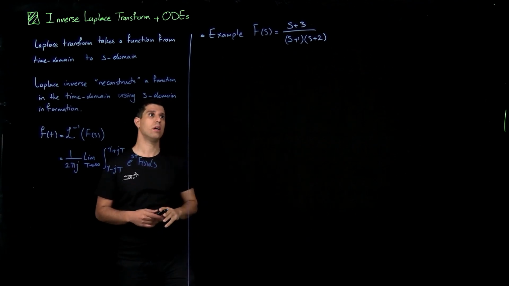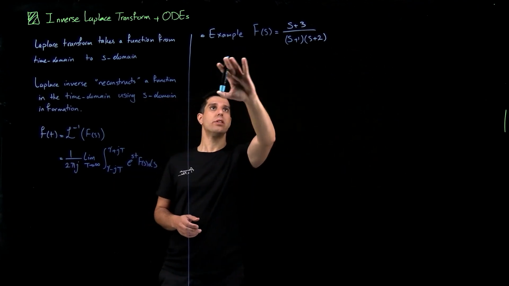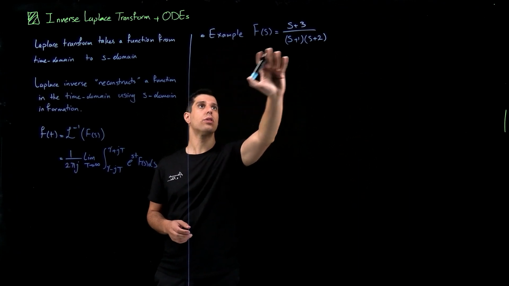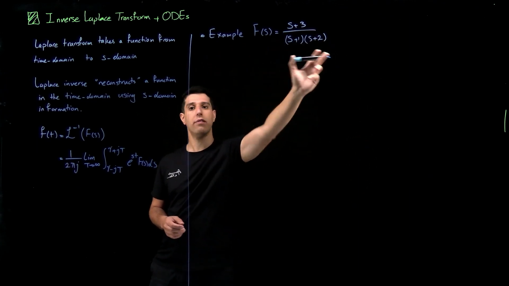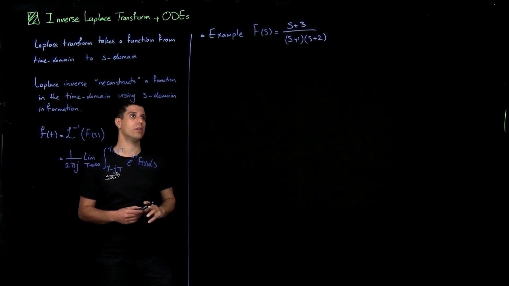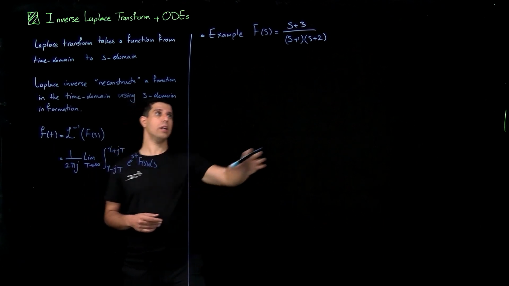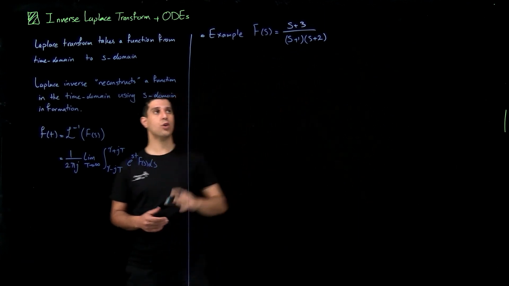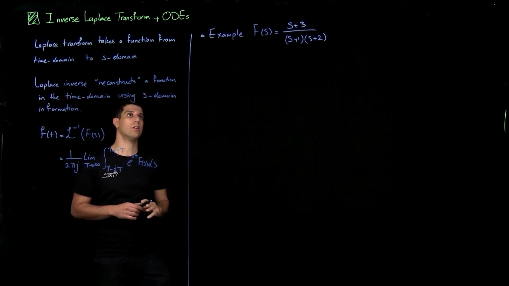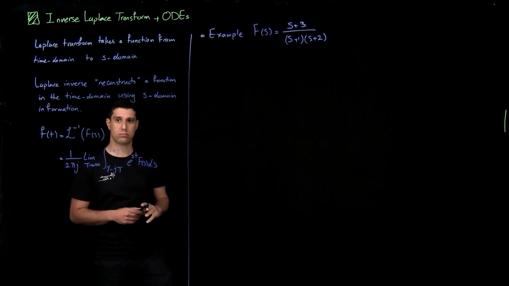That's my whatever mysterious function that I had. I took the Laplace transform and arrived at this formula for the function. Now the goal is to use this and go back and find what the mysterious function was.